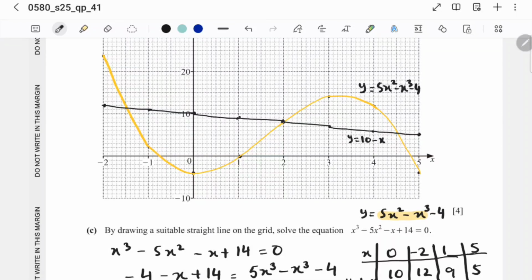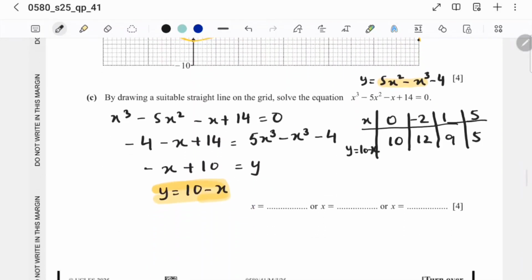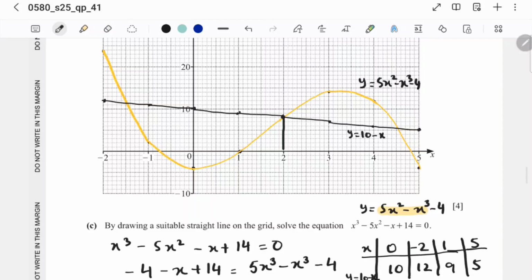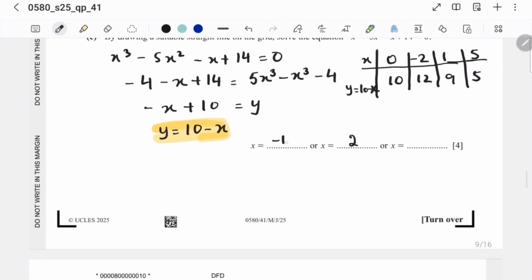This is the point of intersection, which is 2. So you can write down 2. And then the next one is minus 1.5, which is also one of the answers.